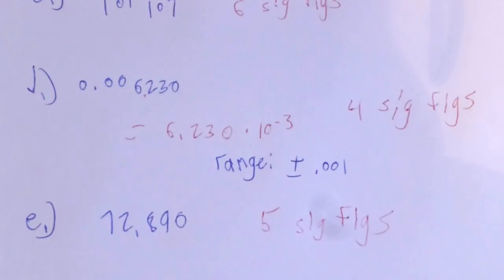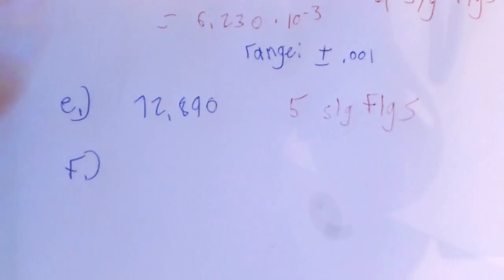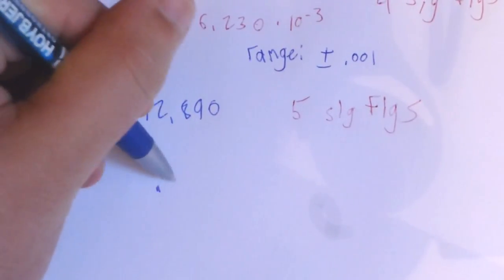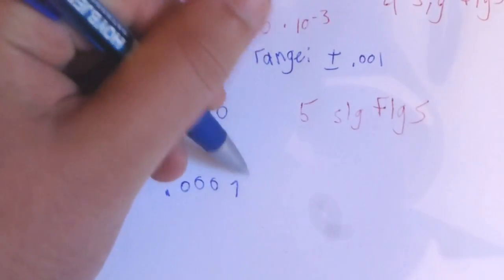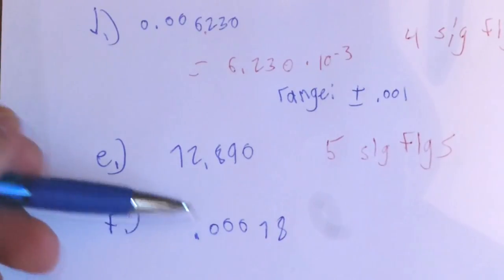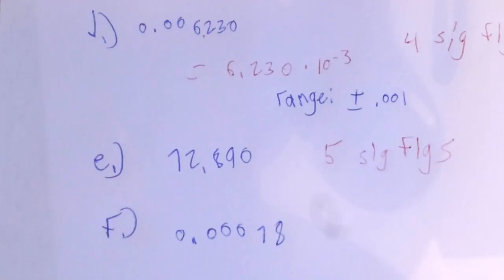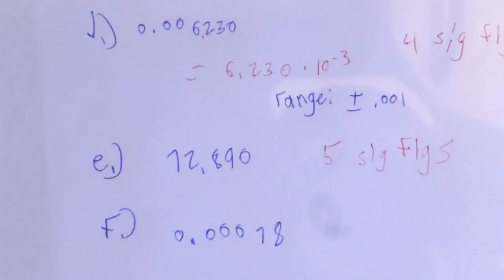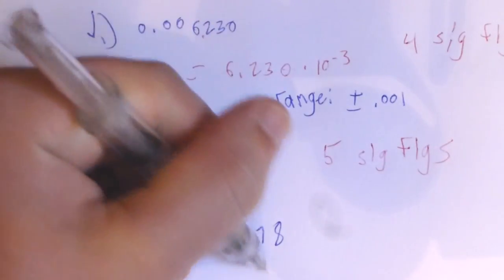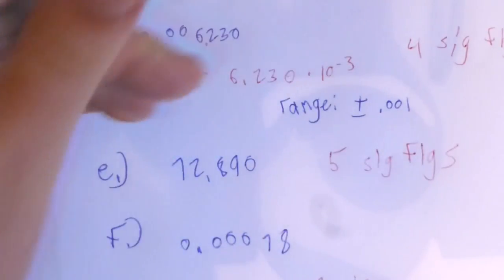So let me just give you one more. E. Similar to problem D, these are called leading zeros and they are not significant. Why? Again, because it can be written as 7.8 times 10.